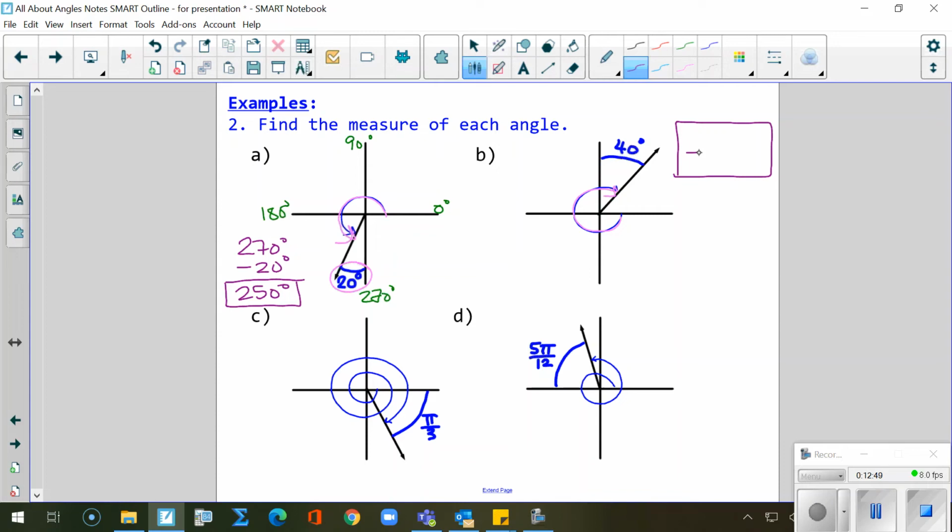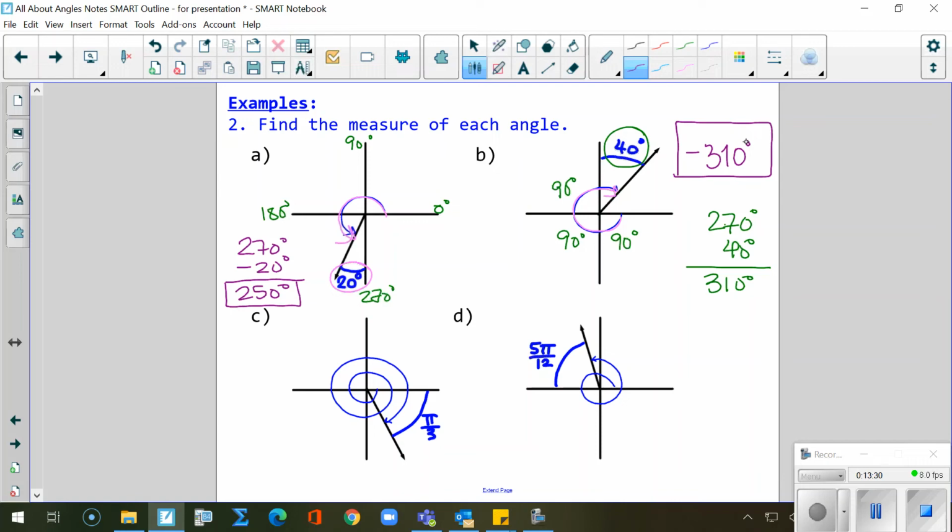So what I'm going to think to myself is that each quadrant is 90 degrees. 90 degrees plus 90 degrees plus 90 degrees plus 40 degrees will give me the size of the angle. So that's the same as 270 degrees plus 40 degrees, or 310, except that it went in a negative direction. So I don't want to forget to label it with a negative.